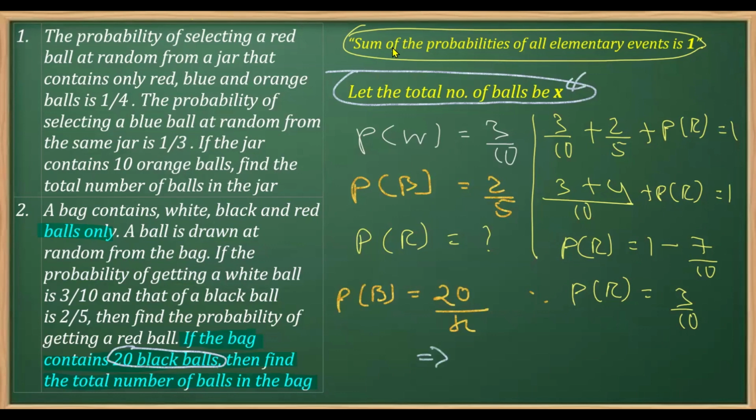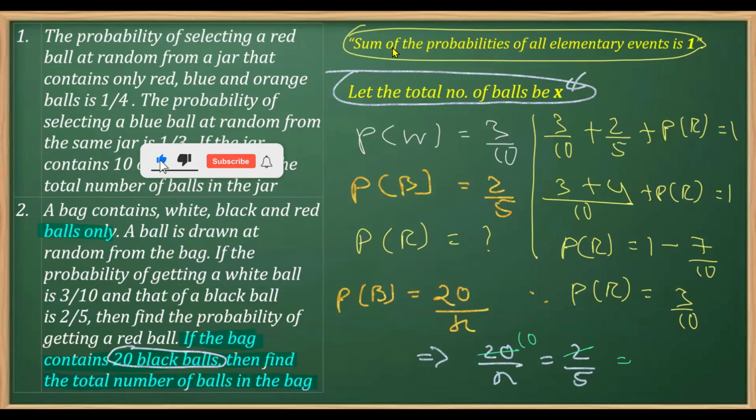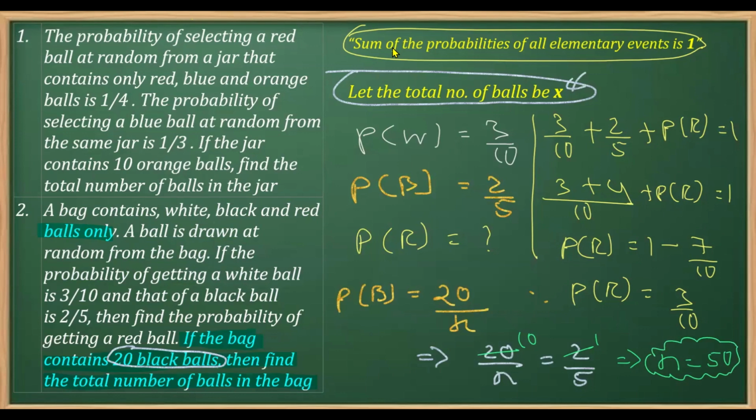This implies that 20 over x is equal to 2 over 5. This can be reduced, 1 times, 10 times. By cross multiplication, x comes out to be 50. So this is the answer for the second part. And for the first part, we have already discussed it. By first part, I mean this question has two parts.